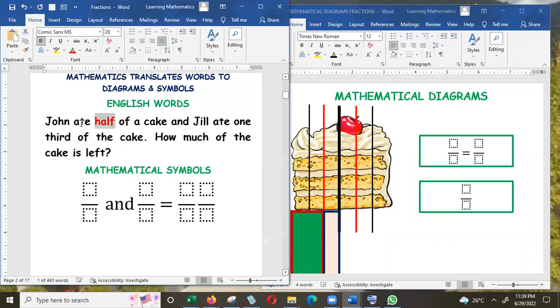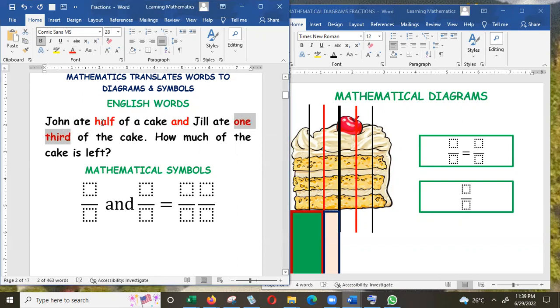It has its symbolic translation. And is an important word in mathematics. It has its symbolic translation. 1/3 is an important word in mathematics. It also has its symbolic translation.